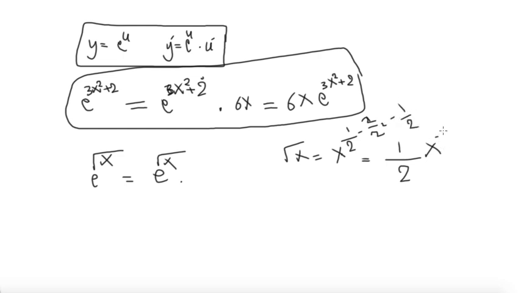So it will be x to the minus 1 over 2, which is equal to 1 over 2 root of x. No, not this, this is positive. I made a mistake. Yeah, this is it.